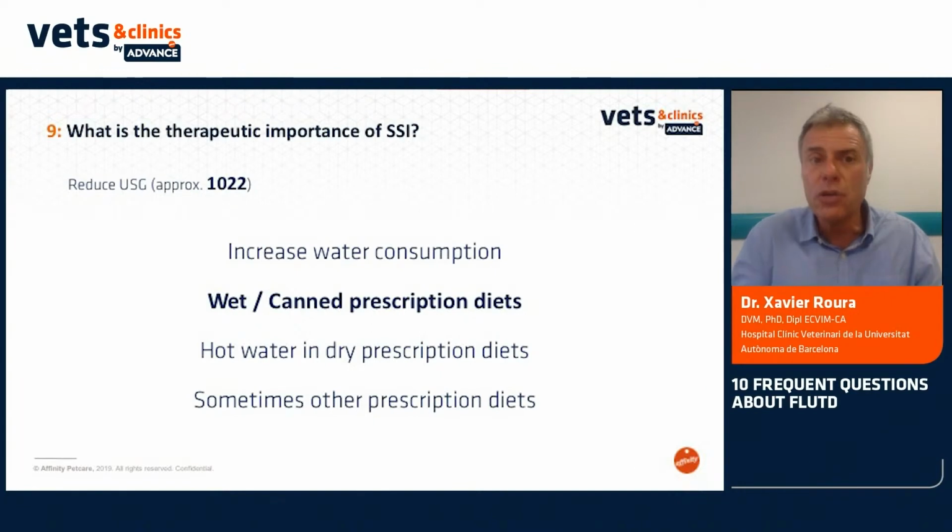In this situation, in order to decrease the urinary specific gravity, because it is necessary for control or prevention of the urolithiasis, we can wet this dry prescription diet with hot water, or use the other prescription diet in a canned format.